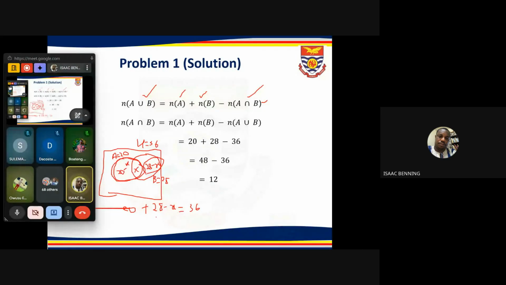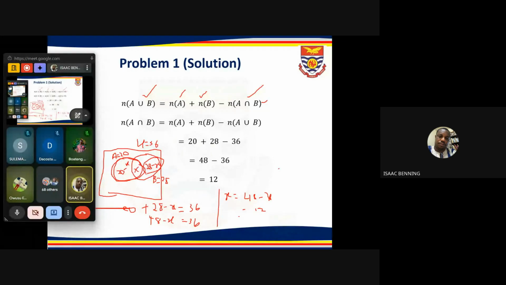So we are solving for X. 20 plus 28 will be 48 minus X equal to 36. So what will be X? X will be equal to 48 minus 36, that will be equal to 12.